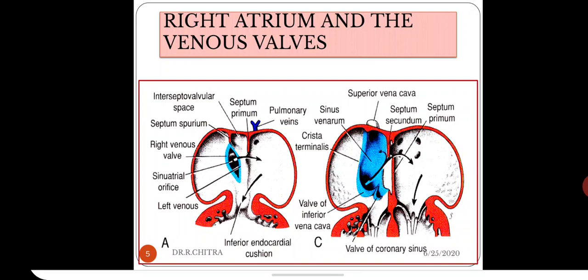Both venous valves meet at the upper end to form the septum spurium and at the lower end to form the sinus septum. So all these venous valves are incorporated in the interior of the right atrium, so that the right venous valve forms the crista terminalis, valves of the inferior vena cava and valves of the coronary sinus.